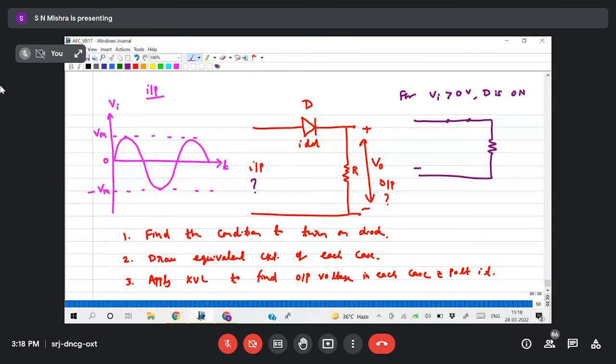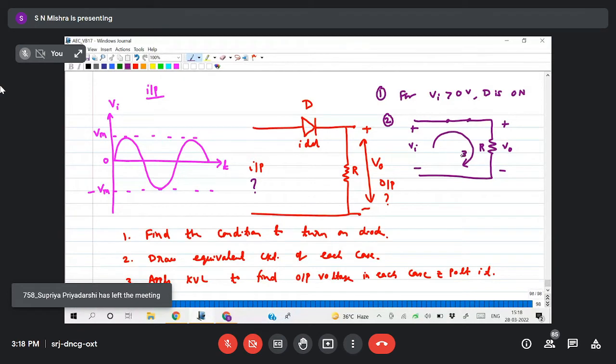So here minus plus, let's take Vi, and here plus minus V naught, here R. Now apply KVL. Applying KVL is the third step. So minus to plus, plus Vi, plus to minus, minus V naught.